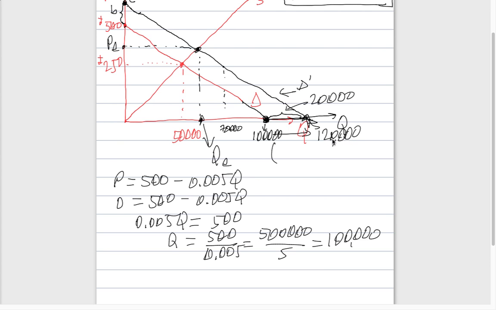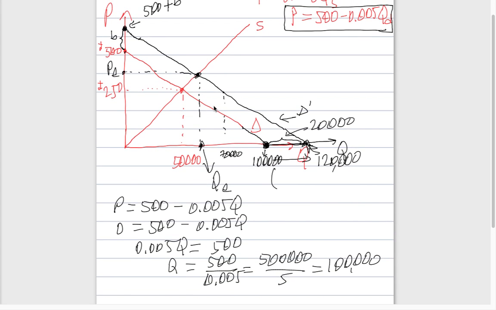So we now have enough information to find this point, so that we can determine what this function is. This function is another demand curve, but remember, it shifted by 20,000. So we have a new intercept, which is this value here, minus 0.005Q.